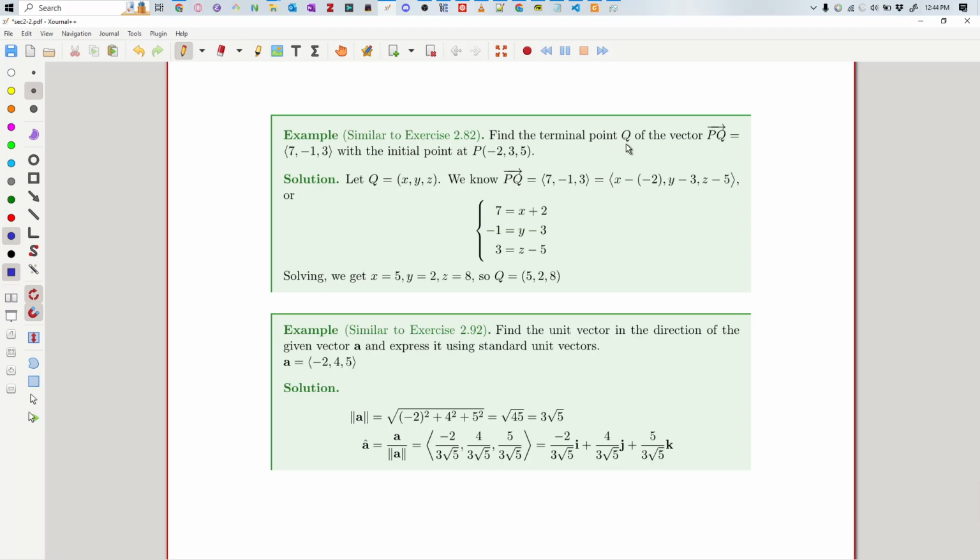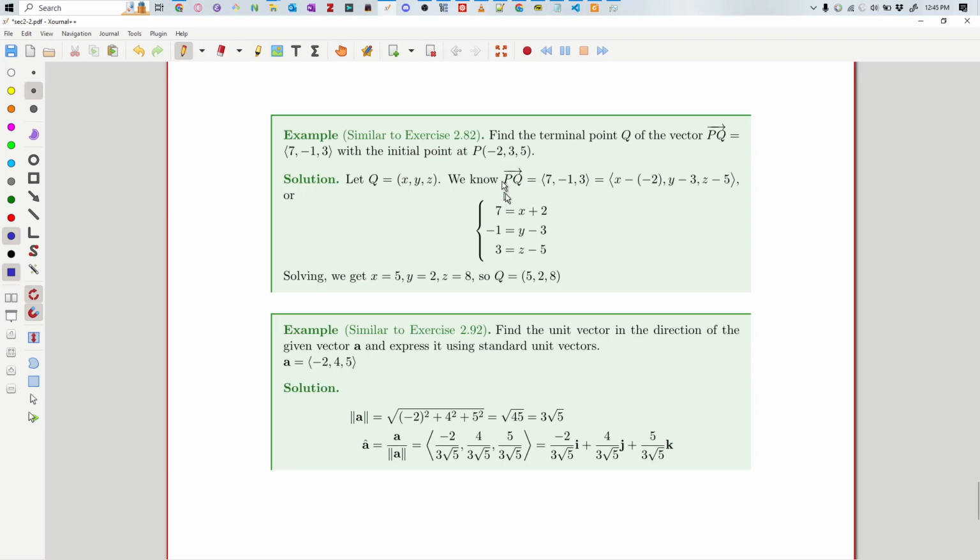So the procedure for this is to know that the vector PQ is created by doing Q minus P. So I start by letting Q be the coordinate x, y, z. Right? x, y, and z are what we want to figure out.